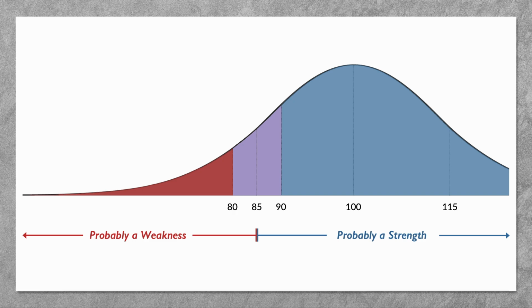Now with achievement, that's easy because the academic weaknesses are probably part of the referral question. If you get a below-average achievement score that's in that buffer zone or lower, and it's consistent with the referral concerns, it's a weakness. But the cognitive abilities aren't so clear.